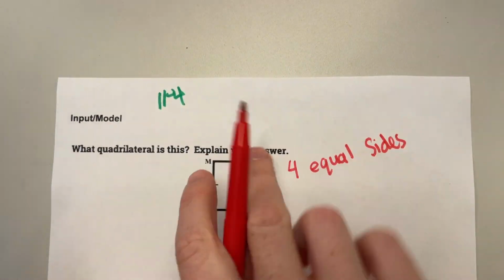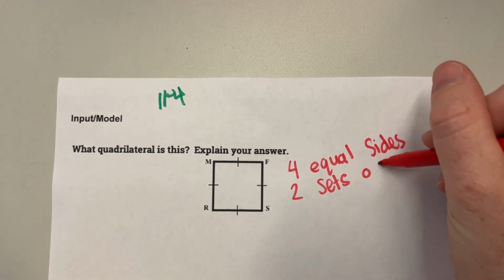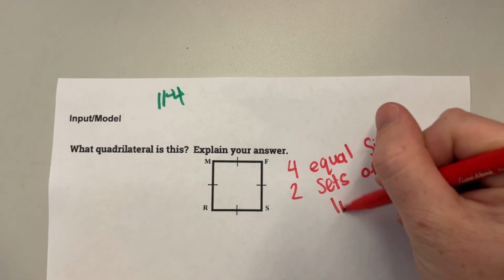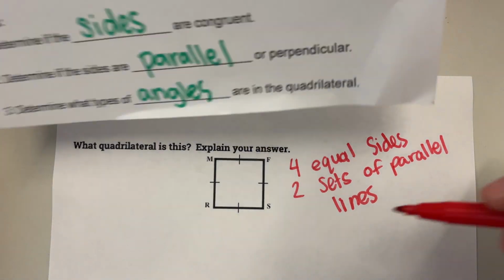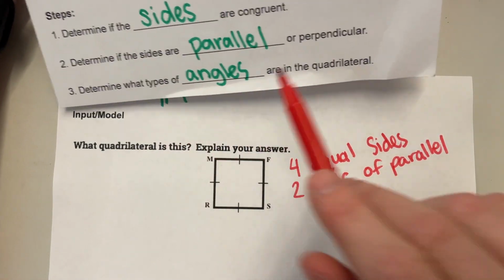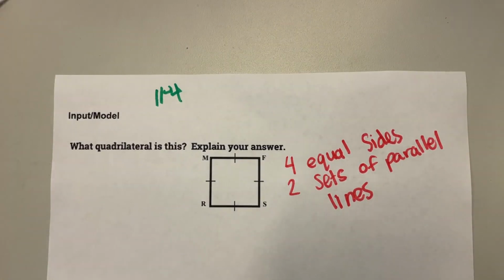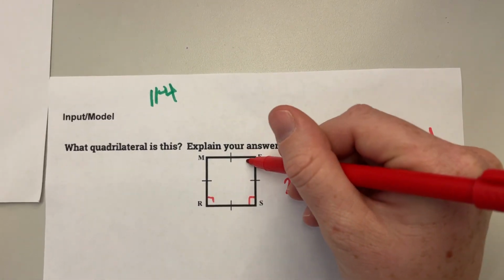I have 2 sets of parallel lines. And then I'm going to determine the angles. So I look here, I can put this piece of paper in that corner. So I see 4 right angles.